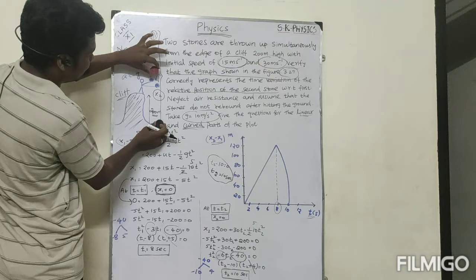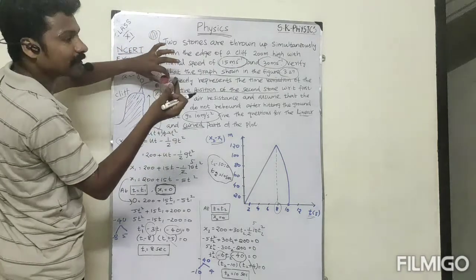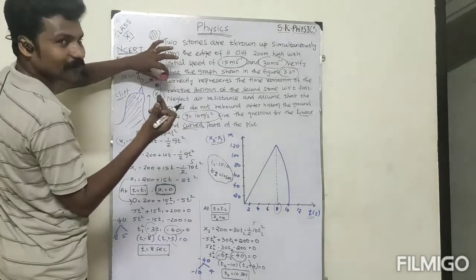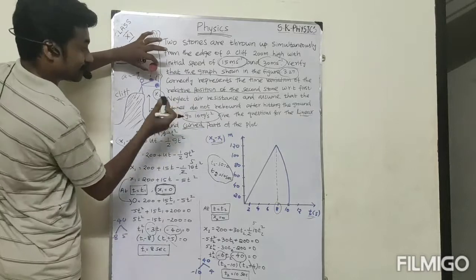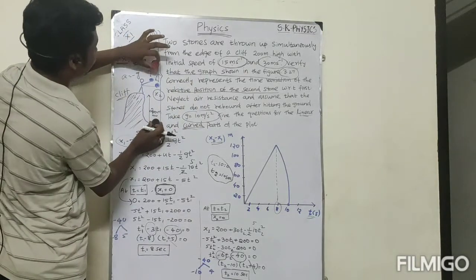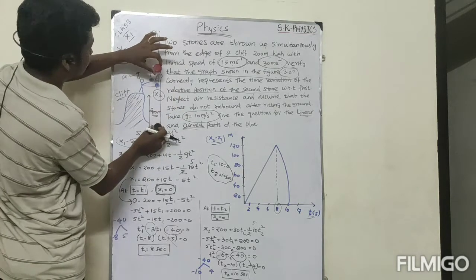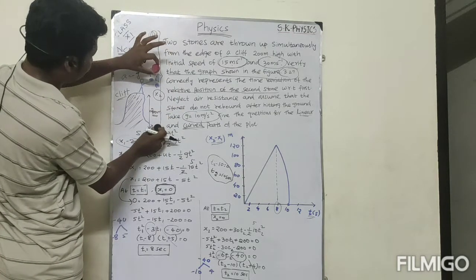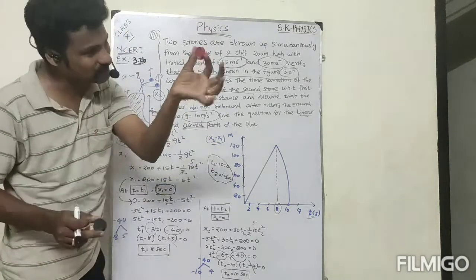Only the red coin is still flying towards the ground. So this red coin is coming. What I feel is this red coin is not in a straight line. This is the projectile.